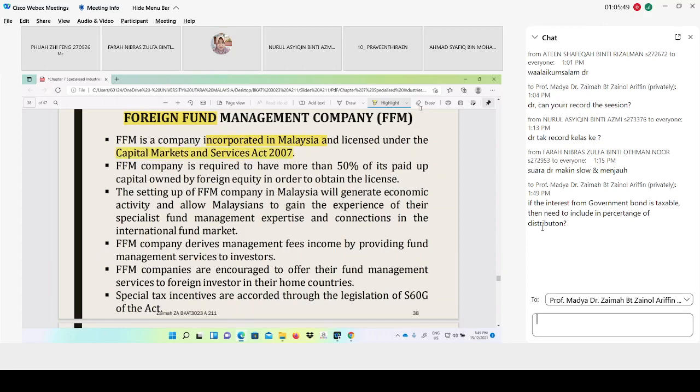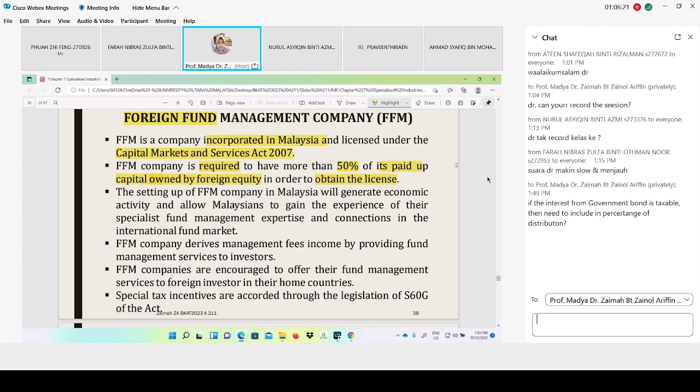To show that this is FFM, the company is required to have more than 50% of its paid-up capital owned by the foreign equity. So for them to obtain the license under the Capital Market and Service Act 2007, they must at least have 50% of the paid-up capital owned by the foreign equity.